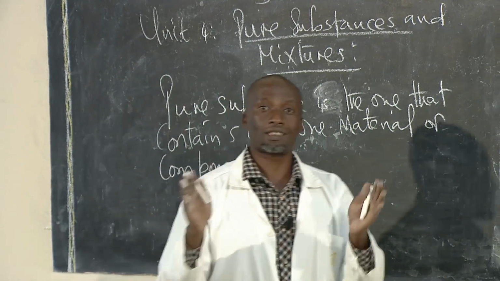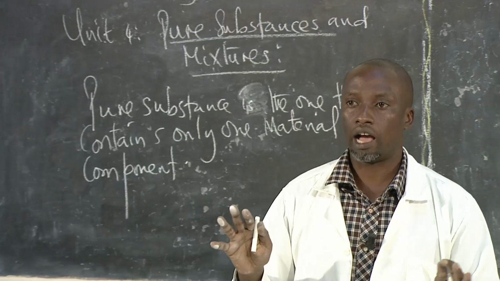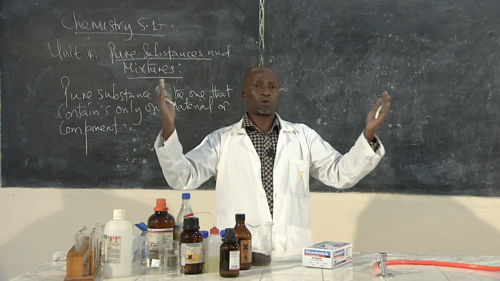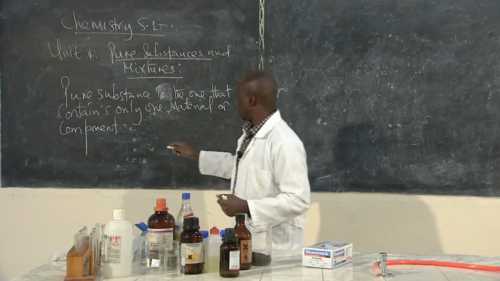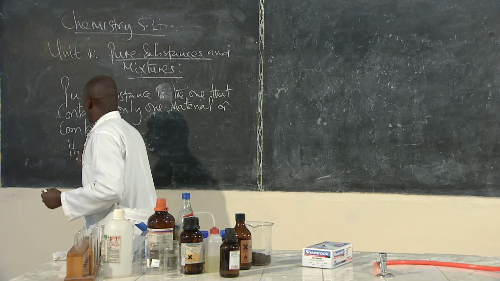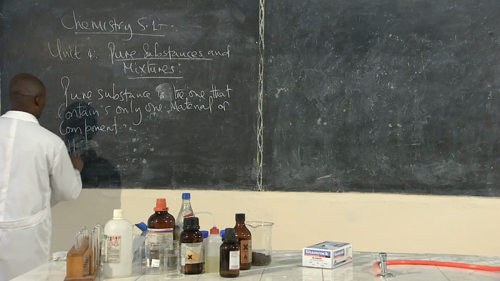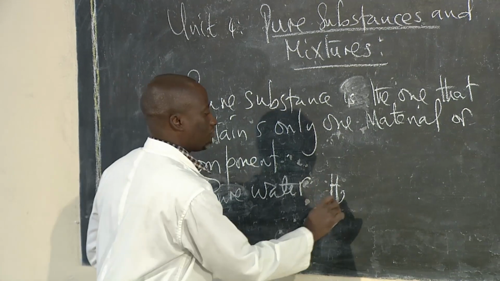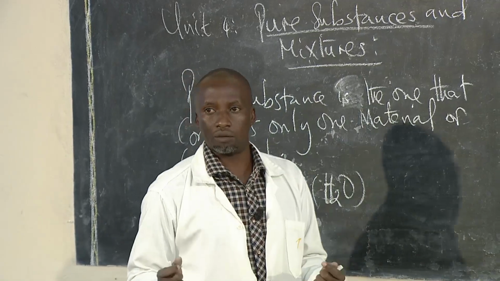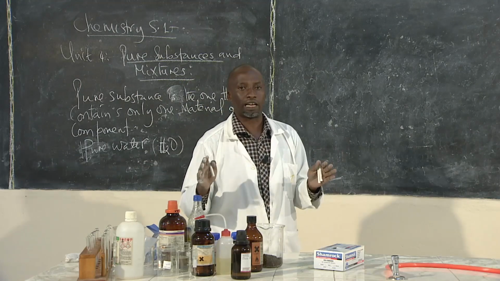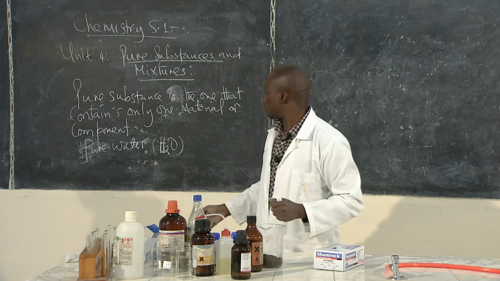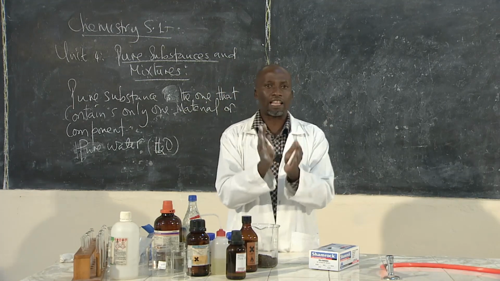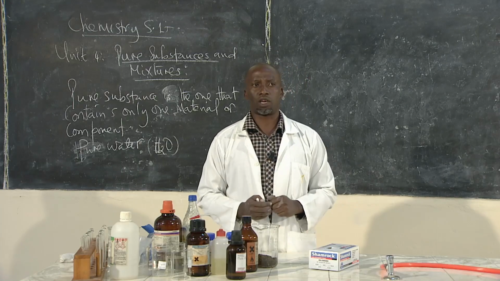Pure substances are hard to get in nature. Give an example when we talk about pure water. It is very difficult to get pure water. But when we are talking about pure water, that means it contains only hydrogen and oxygen, and there is no other substance that is mixed with it.